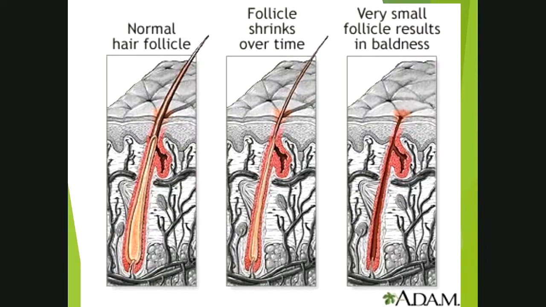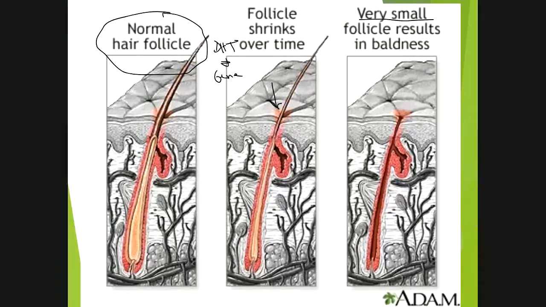So when you look at it, here's what happens. The follicle begins to change. Here's a normal follicle. But when you have that DHT, the hormone, and the gene, the follicle shrinks. And as the follicle shrinks, we wind up with a very small follicle.